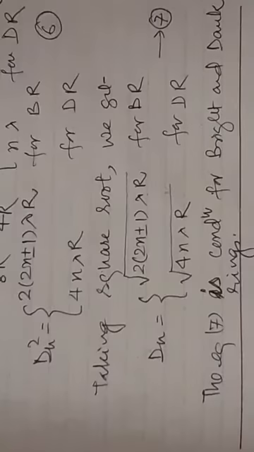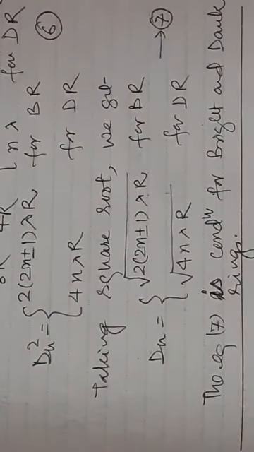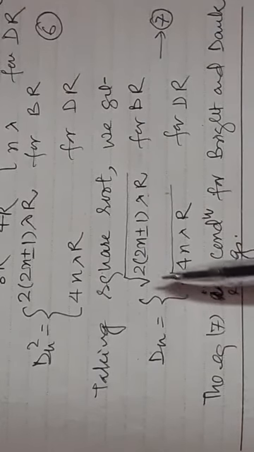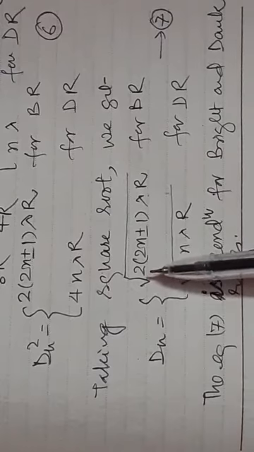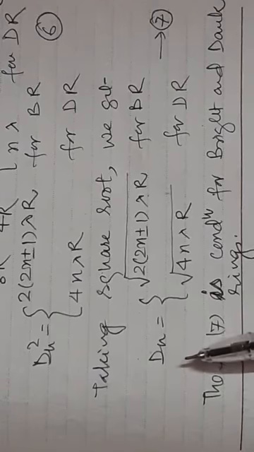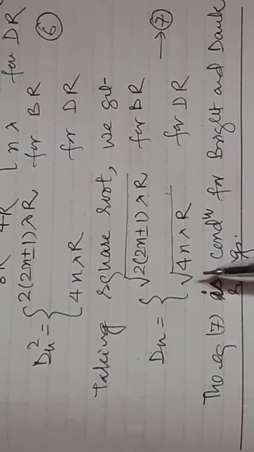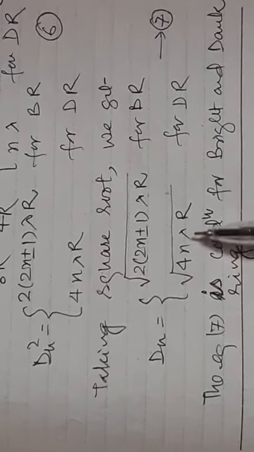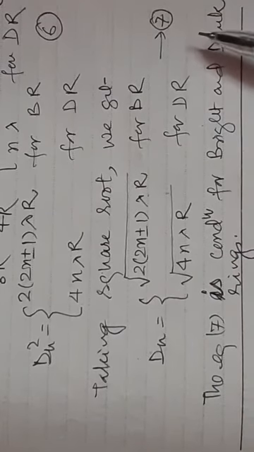Now you see, the diameter of the nth ring, bright and dark, is stated in equation 7, where dn is equal to 2 square root of 2 bracket 2n plus minus 1 lambda R for the bright ring, and dn is also equal to square root of 4n lambda R for the dark ring.